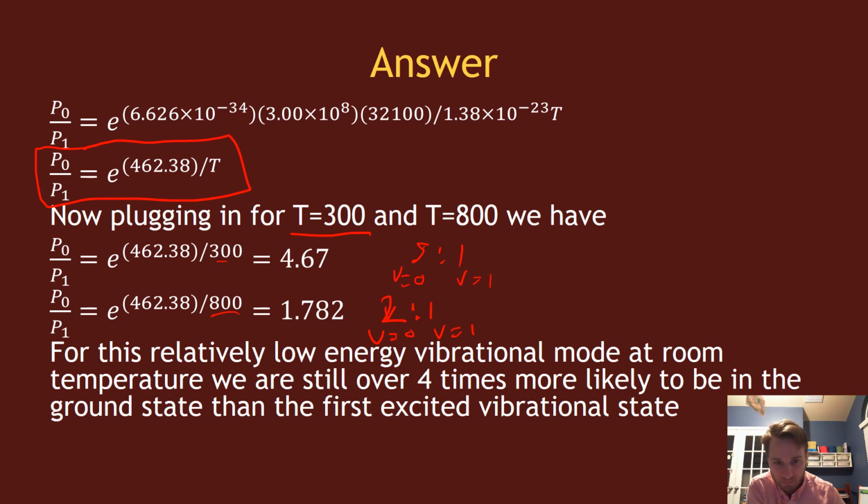Even at room temperature, which is not quite 300 Kelvin but close enough, there are going to be some molecules in the V equals 1 state, but it's very different from rotational states because of the gap between them. For vibrational states, the gap is large enough that there are only small occupations of some of the excited states at room temperature. For electronic states, when we talk about that, there are no occupations of the excited states at room temperature.